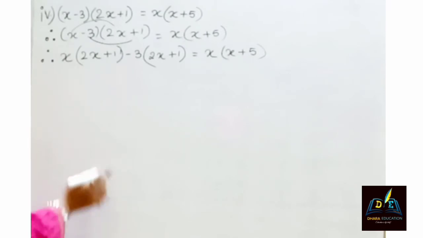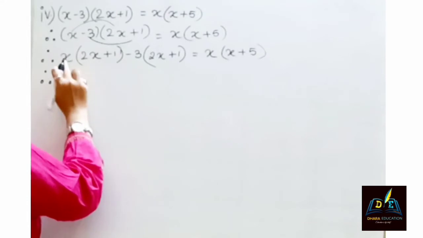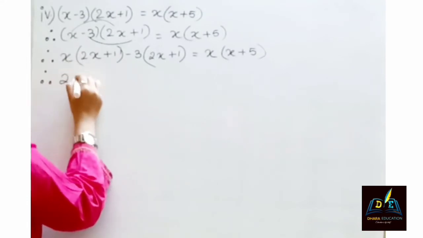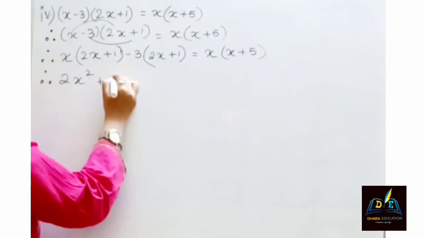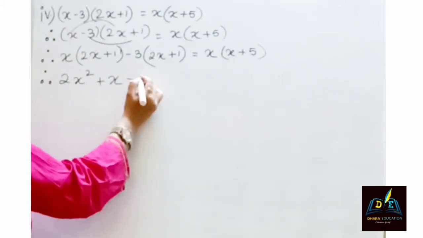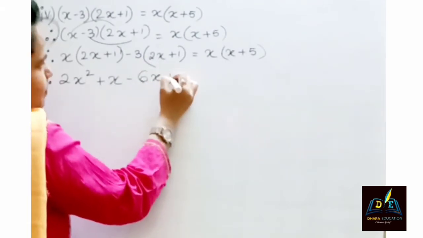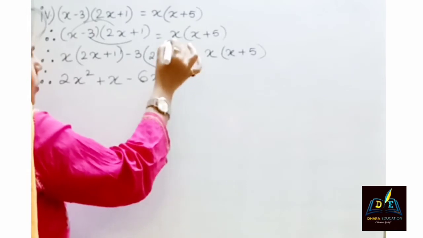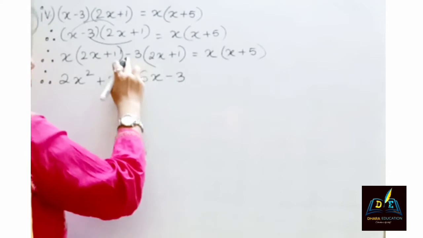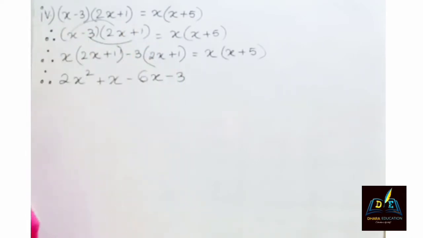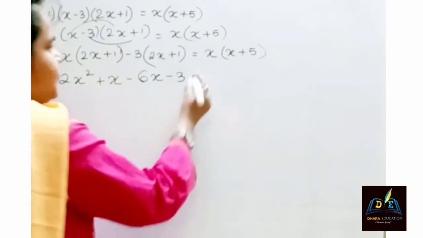Am I clear? Now, if I multiply x by 2x, it gives you 2x square. Then as it is, x multiplied by 1 gives you x. Minus 3 multiplied by 2x gives you minus 6x. Plus 3 multiplied by 1, no, minus 3 multiplied by 1 gives you how much? Minus 3, because minus times plus gives you minus. Here you need to understand things very carefully.